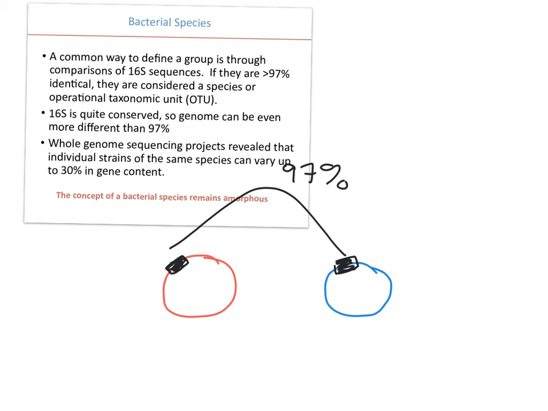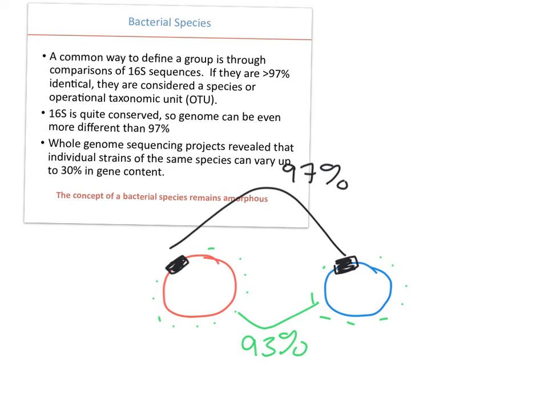Essentially, we've grouped them together in a species-like group. But these are super well conserved. So it may be that the rest of the genome, so let's say, just going to put dots around that, is only maybe, say, 93% similar, because you don't have the extreme selective pressure on the rest of the genome as you do on the 16S genes.